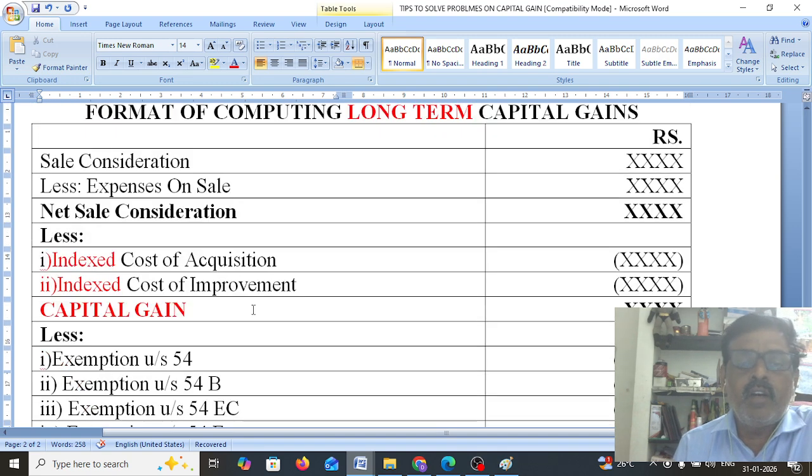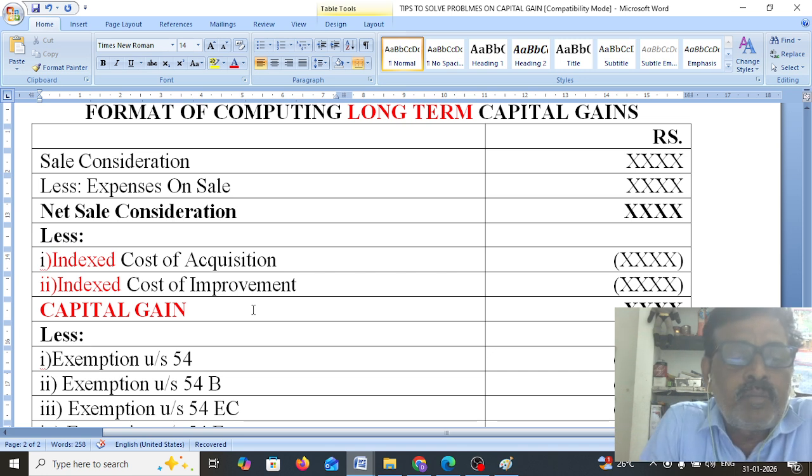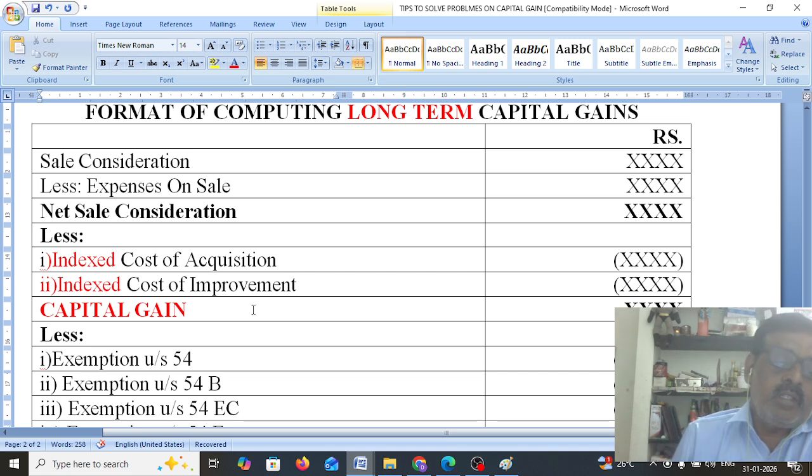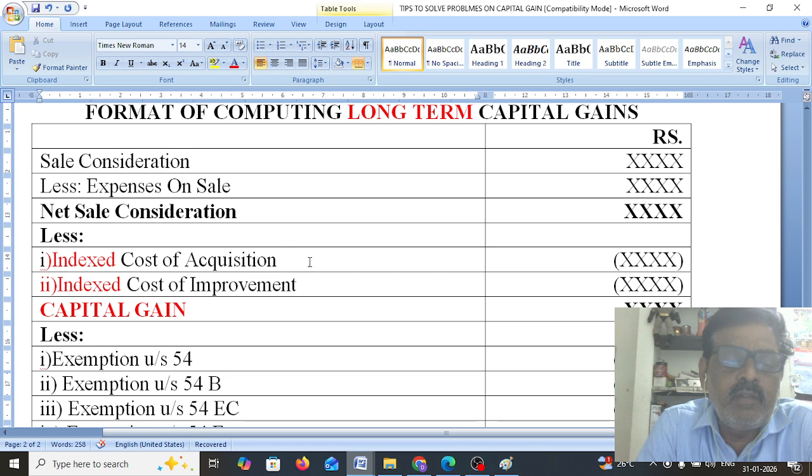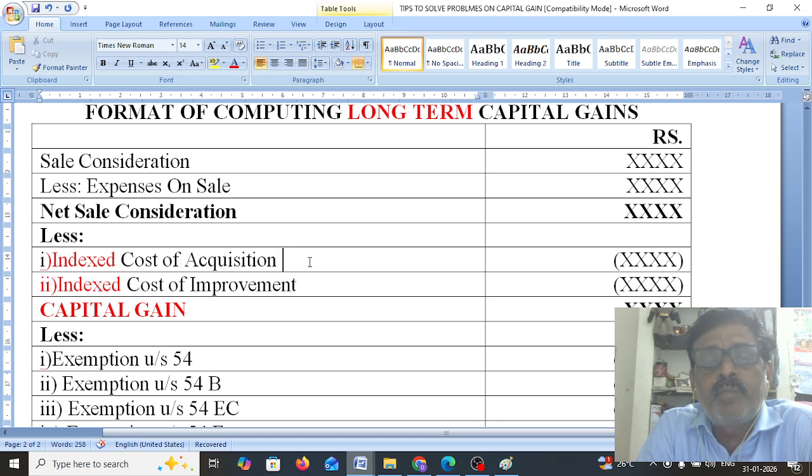And this is the format of long-term capital gain, except that the difference is indexing. We will not show the actual cost because the gain would be very huge. For instance, if the asset was purchased before 2001 or even in the year 1960 for 50,000, it is irrational to deduct only 50,000.